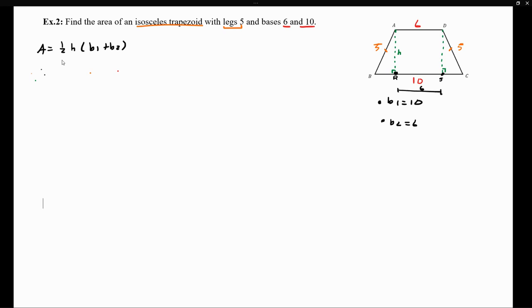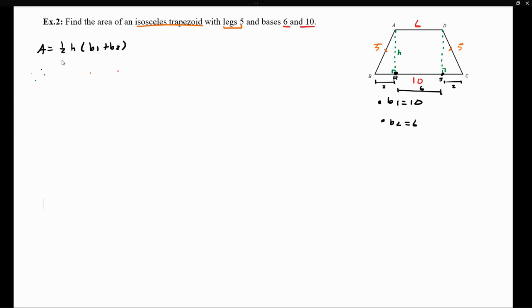Notice that what we have left is 4 units, because 10 minus 6, we have 4 left. But because we have 4 left, and this is an isosceles trapezoid, they must be distributed in proportion. So this length must be 2, and this length must be 2. And this is true because we have an isosceles trapezoid.